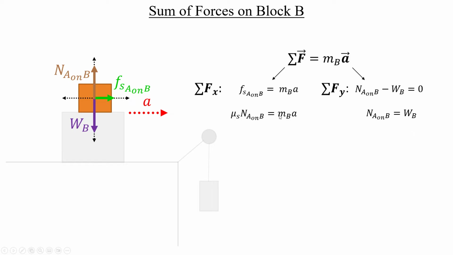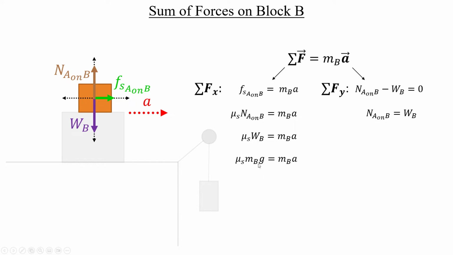But for now, let's take this value and plug it in over here on the left and see if we can't glean any useful information. So I've plugged in the weight of block B, and my next step is to exchange the weight of block B for mg, where we have the mass of block B times g.